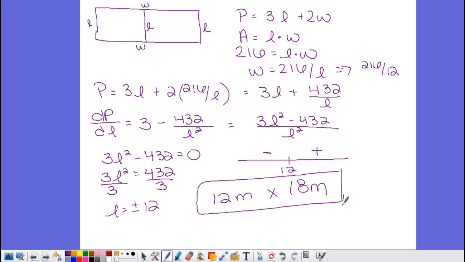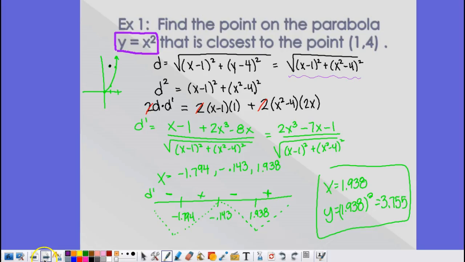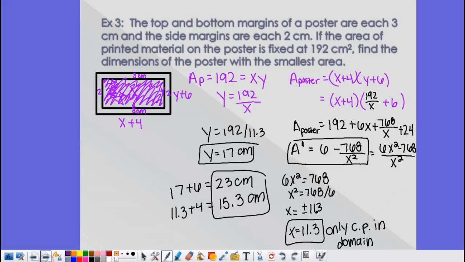Yeah, we may be going backwards too. So, did we finish the 192 one? I don't think we did. Oh, you mean the poster? Yeah. No. I don't remember putting it in there. I started doing it back.